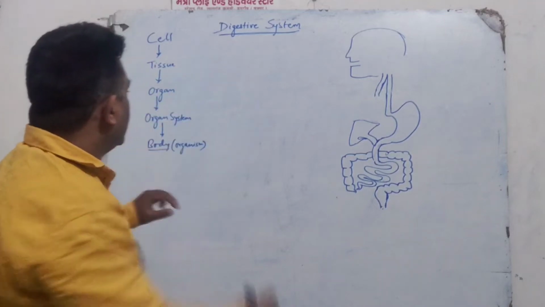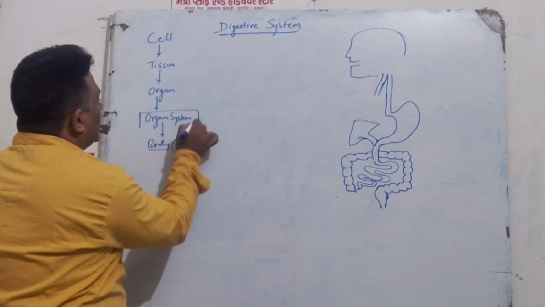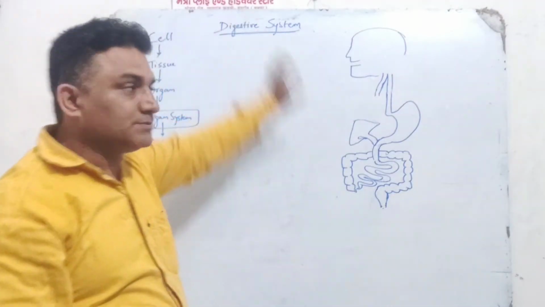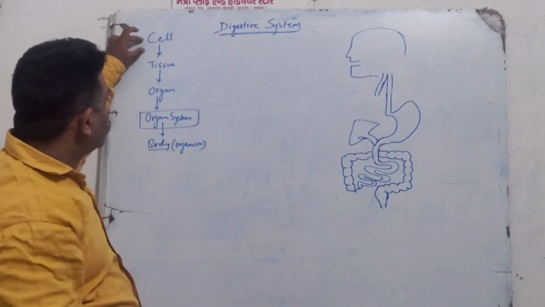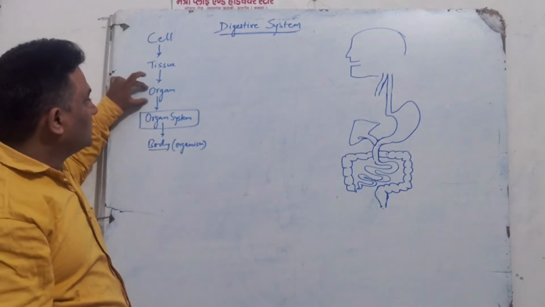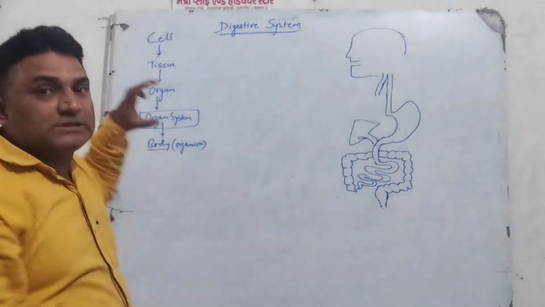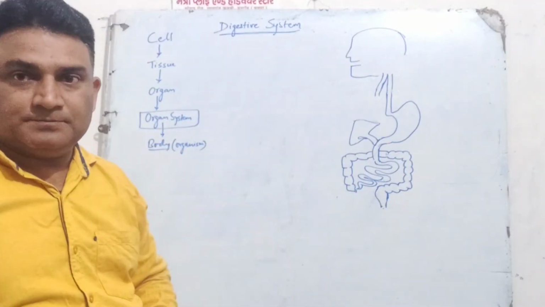So we are going ahead with this part, organ system. We are going to deal with the digestive system, in which the cell would be there, tissue would be there, organ would be there, means a group of organs would be there, which will carry out the function.